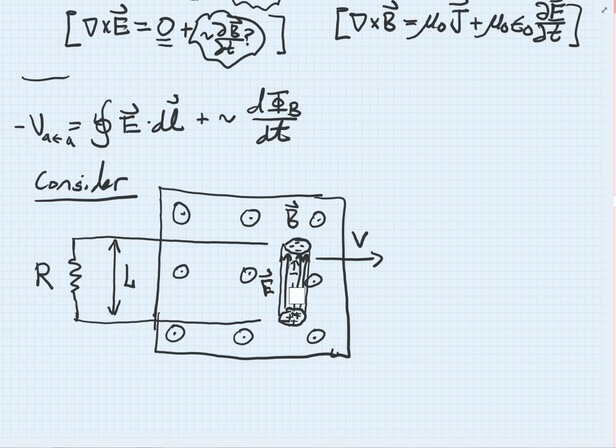And before we connect our wire yet, I will point out that if I have this whole loop moving off to the right, there's definitely going to be this kind of charge separation occurring even in the wires coming in from the left and the right, but it's going to be in the same direction.